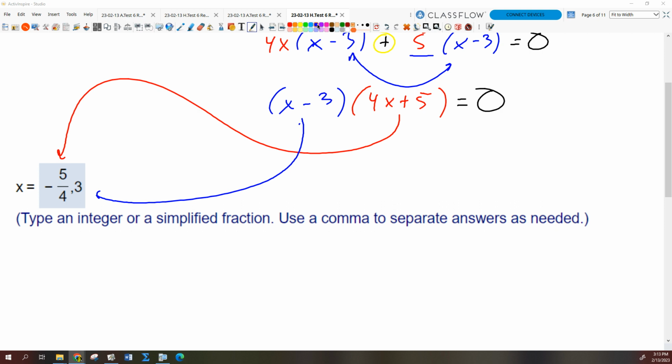Which way, I would guess most people would do quadratic formula, right? Which way is easier? Okay, I'll buy that.